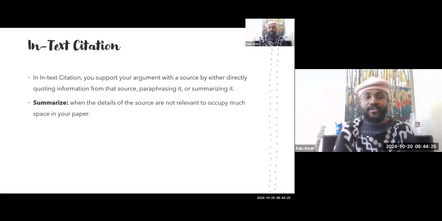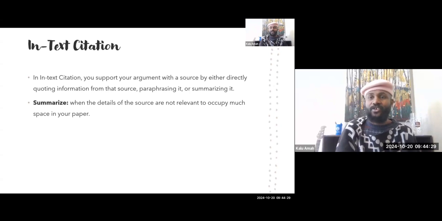So you summarize when the details of the source are not relevant to occupy much space in your paper. If you don't think it's really worth going into detail or bringing out things that happen in that paper into your work, you don't have enough space for that information to occupy there, just go ahead and summarize it.